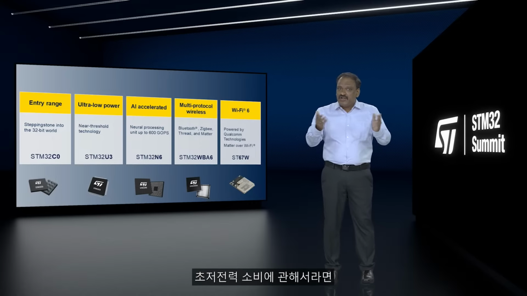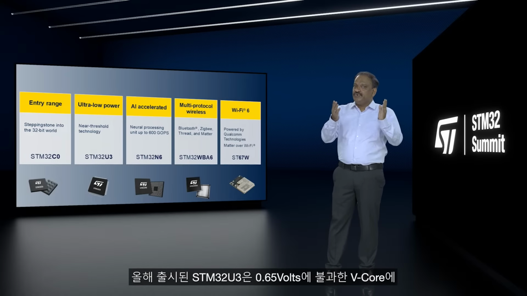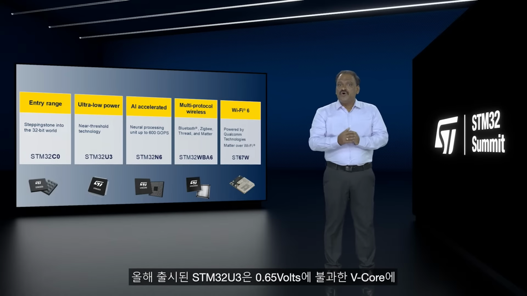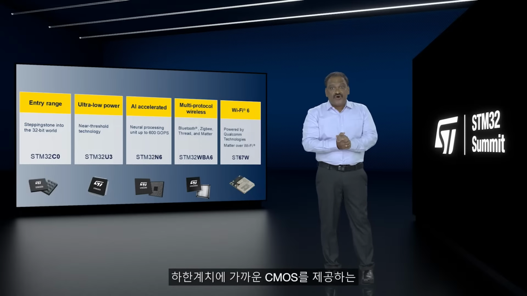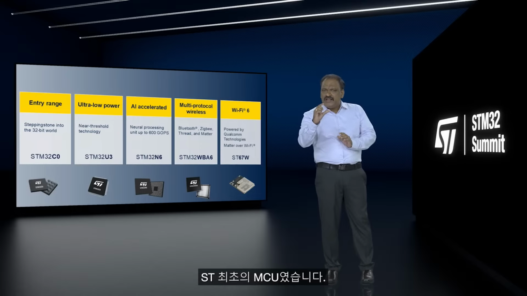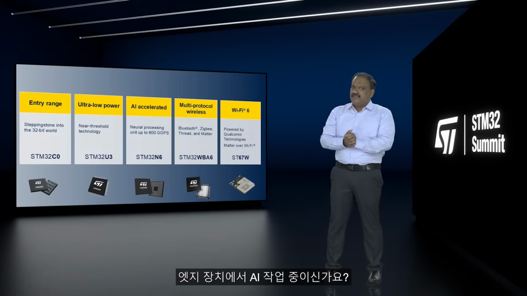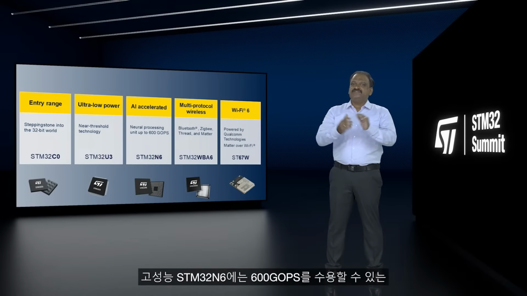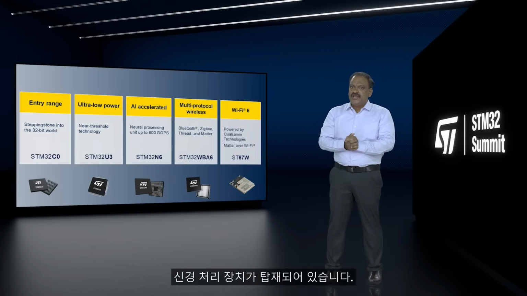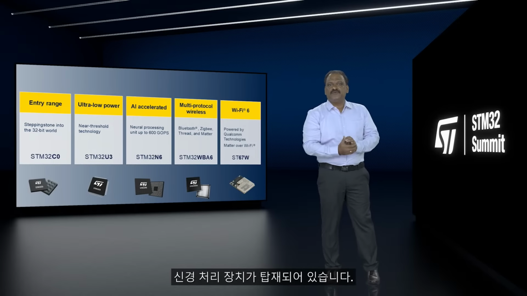When it comes to ultra-low power, the STM32U3 launched this year was our first MCU to offer near-threshold CMOS for a V-core of only 0.65 volts. Are you working on AI at the edge? The high-performance STM32N6 features a neural processing unit capable of 600 GOPS.